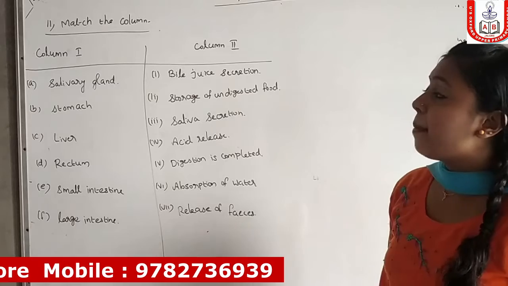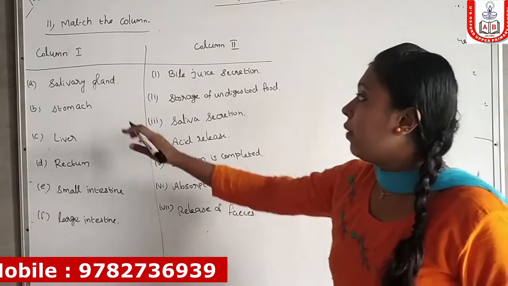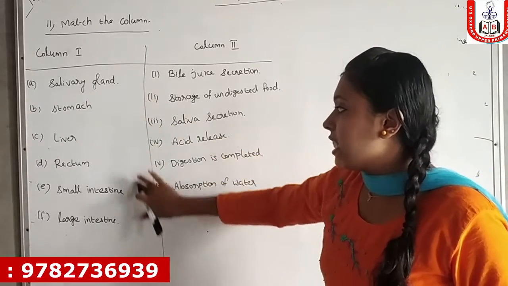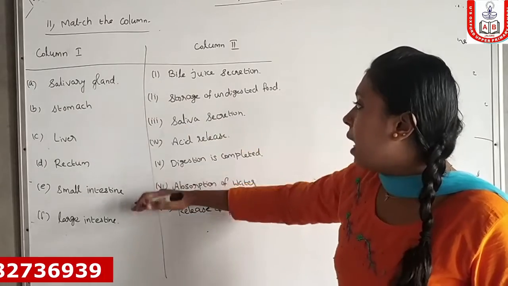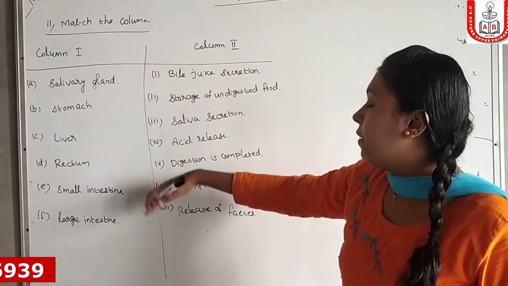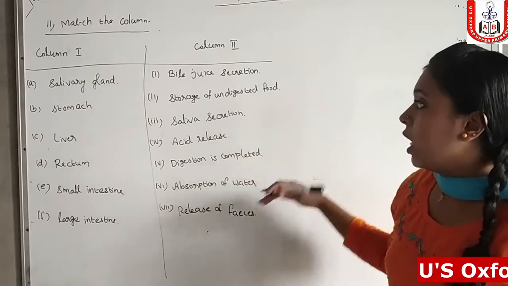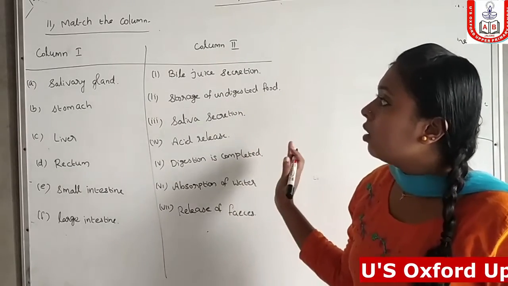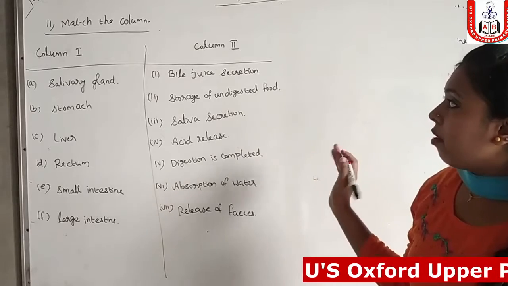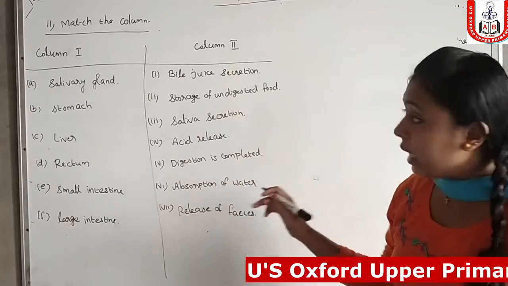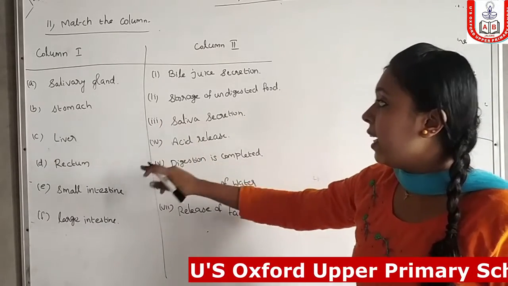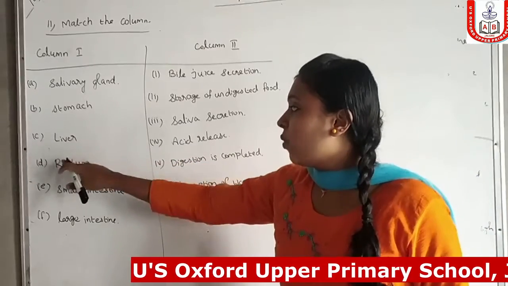Next question is a match the column. In column 1 there are names of some parts of our digestive system. Column 2 has their functions. So we want to match these two according to their function. First one, salivary gland. Second, stomach. Third, liver.